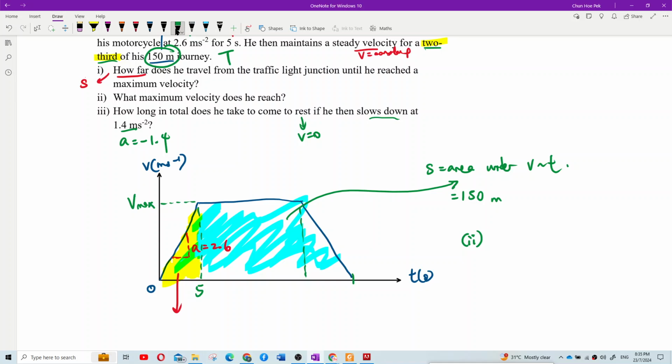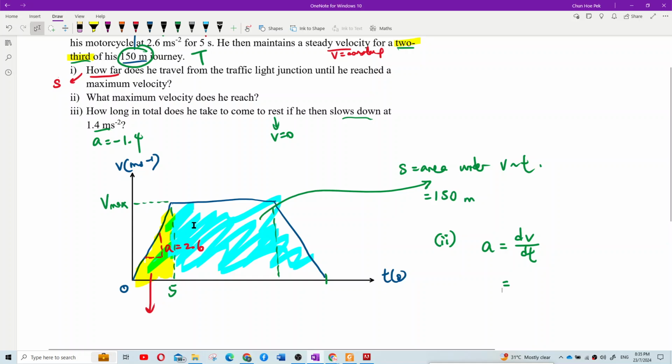So maximum velocity, that is the gradient of the graph, dv/dt, isn't it, class? So you see, you draw a graph, then the thing becomes obvious for you, isn't it? So that is the velocity, Vmax. Just take this point minus this point.